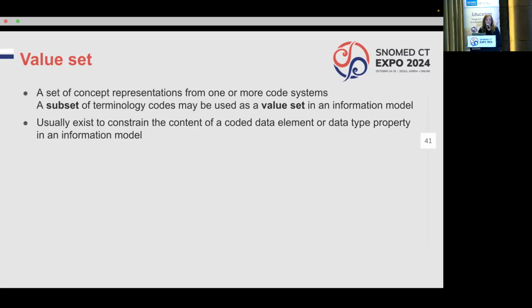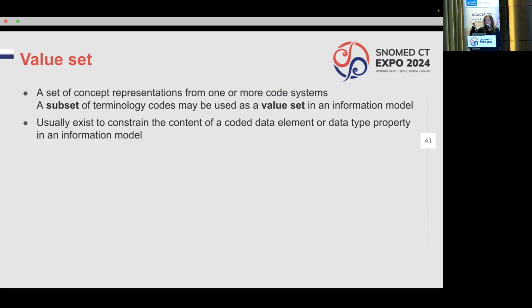And a subset can be used as a value set. So a value set is really, when we talk about terminology binding, the set of concepts that apply as the value for a specific data element. And a subset of codes can perform as a value set. And as I said earlier, it doesn't have to be only SNOMED. You can have a value set that consists of codes from different code systems.